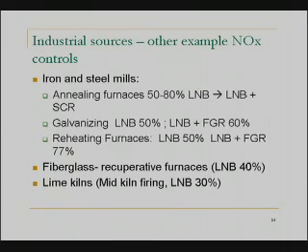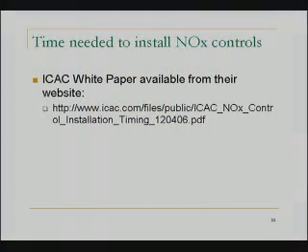Another area of possible interest with regard to NOx controls is how long it would take to install the controls. And the Institute of Clean Air Companies on their website put together a white paper describing the installation times for a number of different types of NOx control technologies.